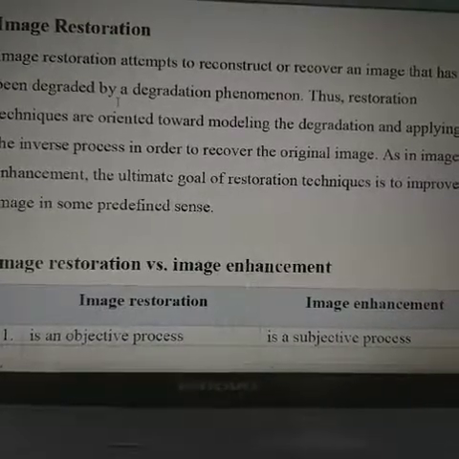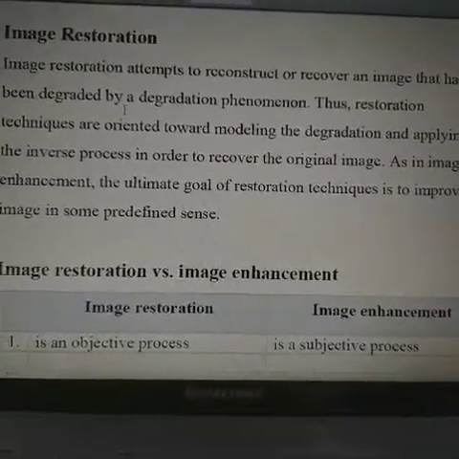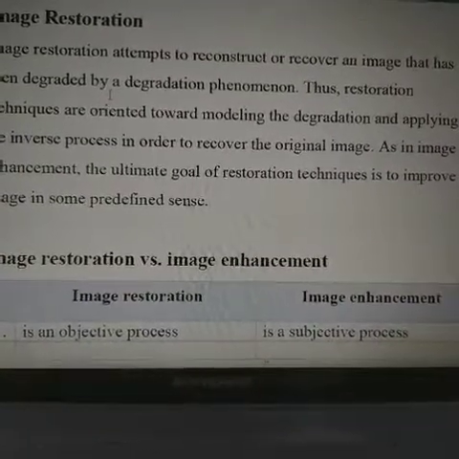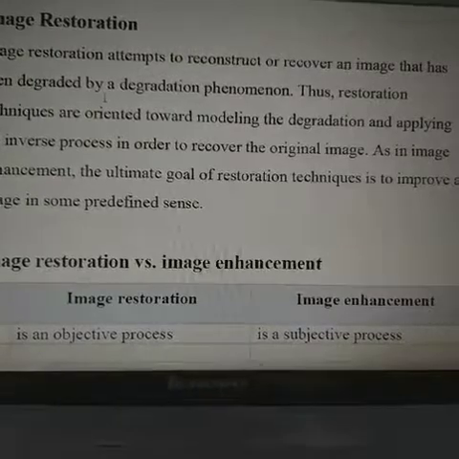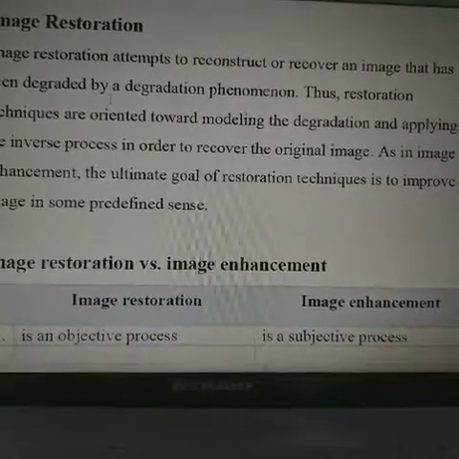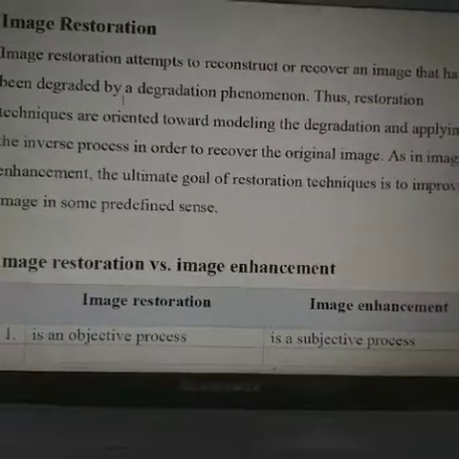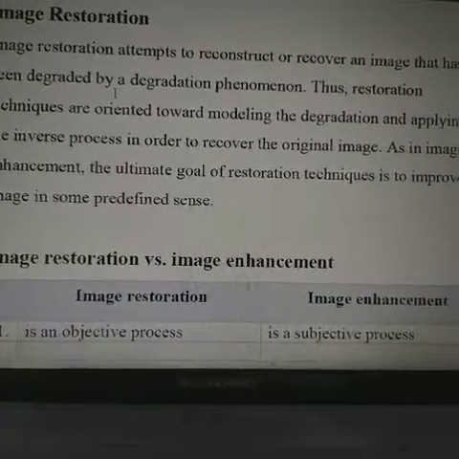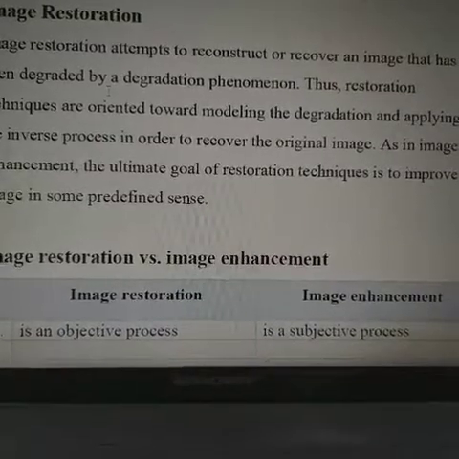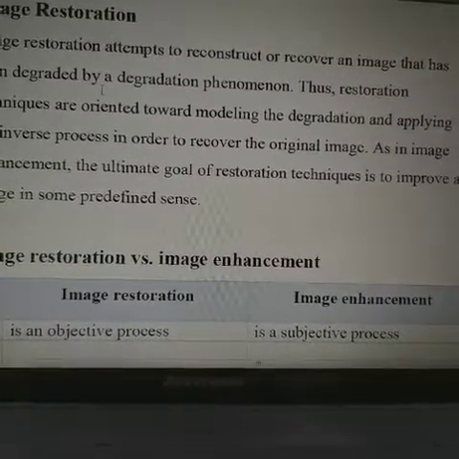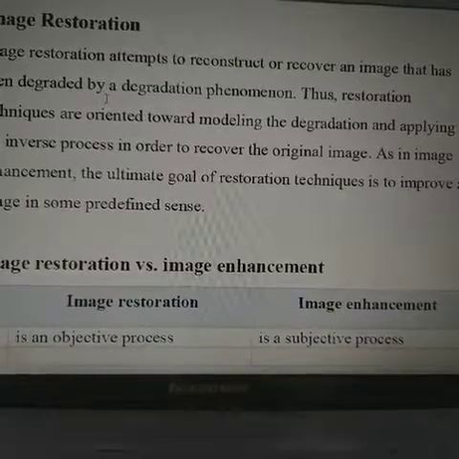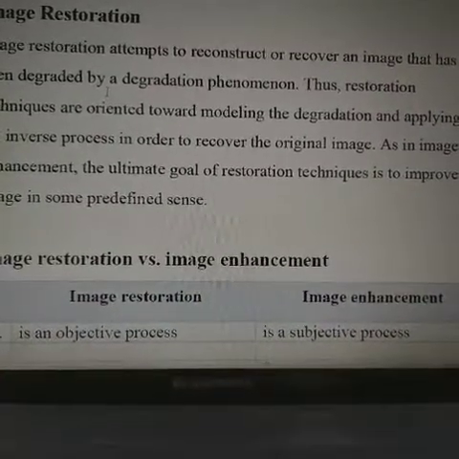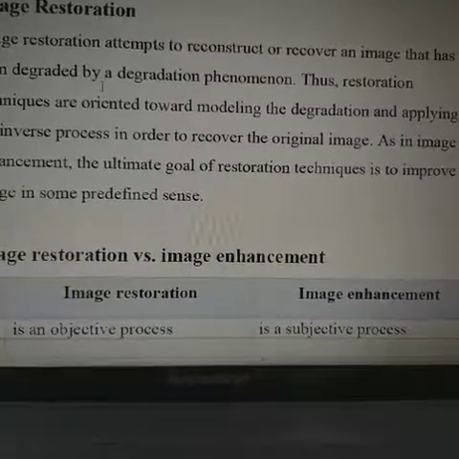Clear? As we discussed in image enhancement, the main purpose of enhancement is to enhance the image quality. Similarly, the main process of image restoration is to improve the image in some predefined sense. Now in the mind we have the question: image enhancement has the same process to enhance an image, and image restoration has the same process to restore the image with good quality.